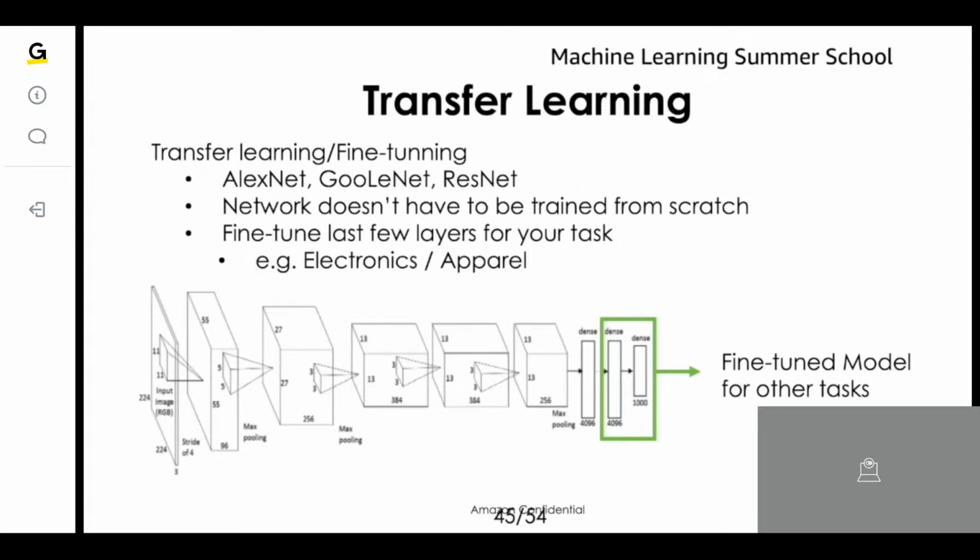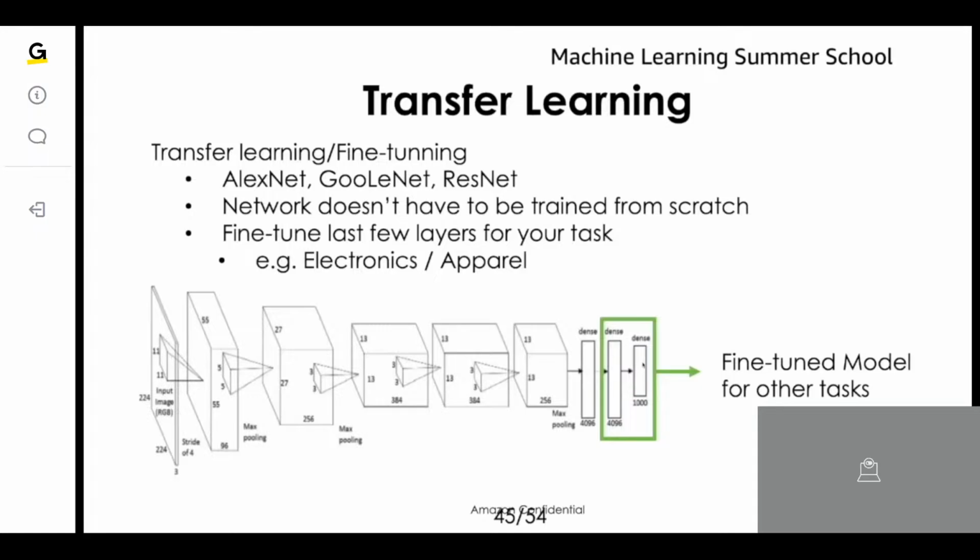The other more commonly used way is to take the weights of a trained network. A lot of trained networks are available, like AlexNet, GoogLeNet. These networks are trained on large data sets, and these trained weights can directly be used in your network. So you initialize your network with these trained weights, and then just train the last few layers for your task.